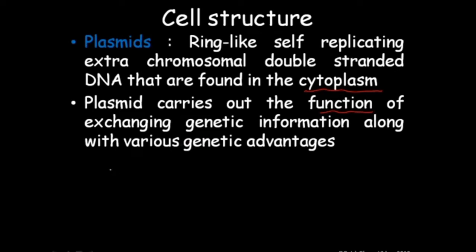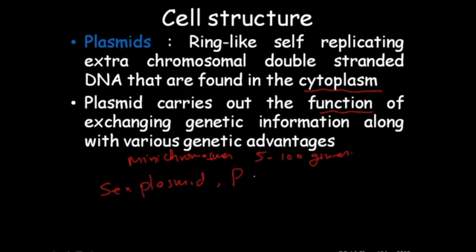They are also called mini chromosomes, as they carry around 5 to 100 genes. On the basis of function they are divided as, say, sex plasmid, R plasmid, pole plasmid, and so on.